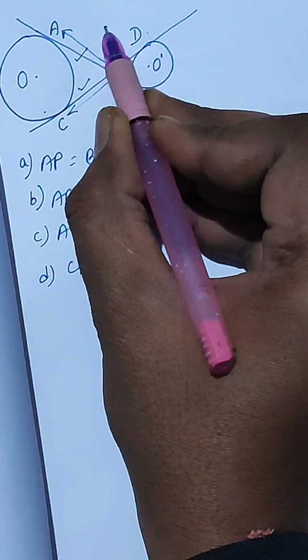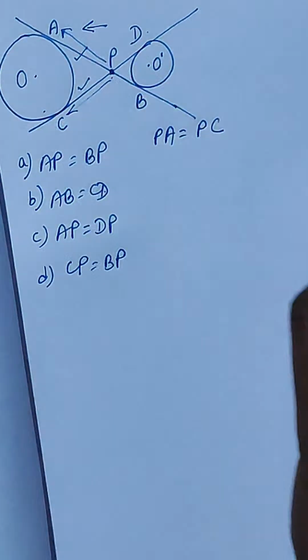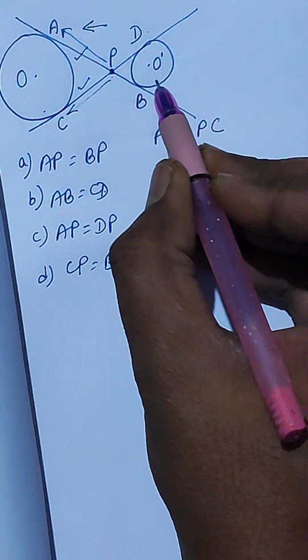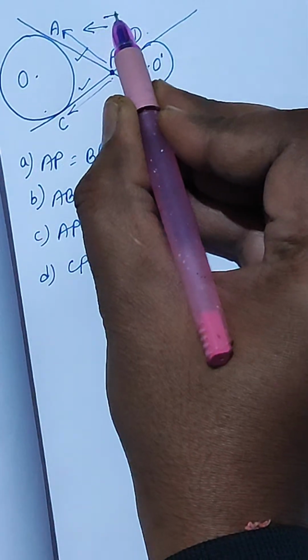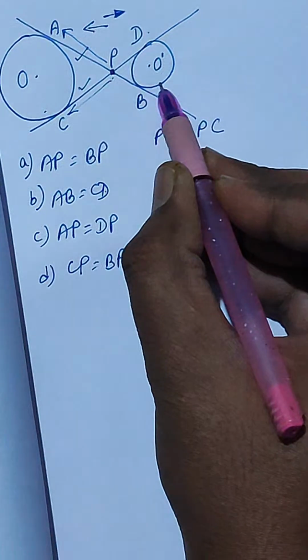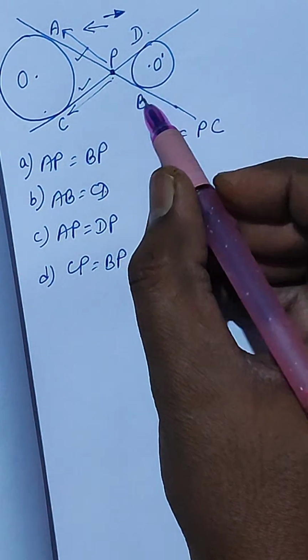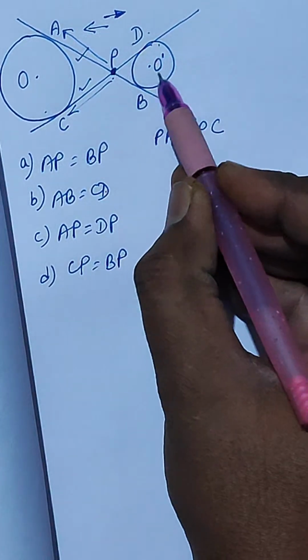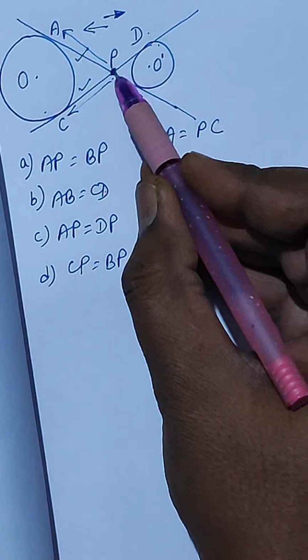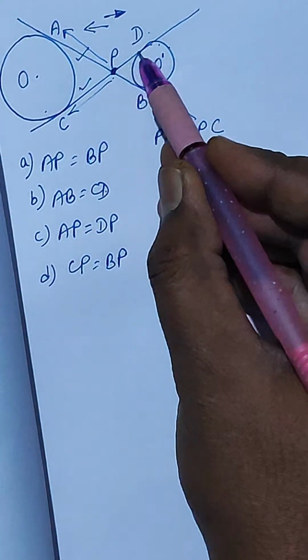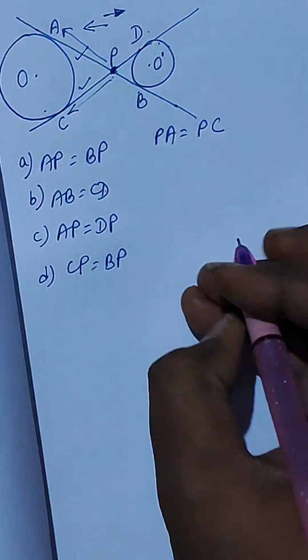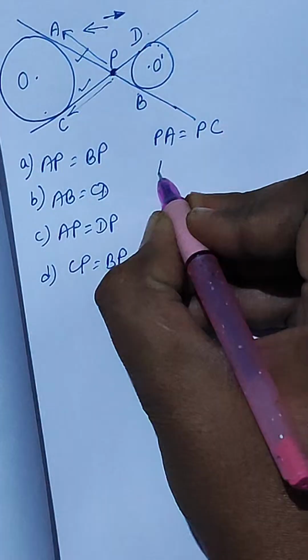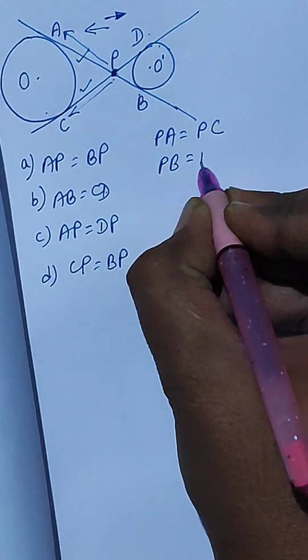So if you look from P towards the left, this will be valid, and if you look from P towards the right, then this circle will be there, and we can say the tangents from the same point to the circle on the right, that is PD and PB, are equal. So we can write PB equal to PD.